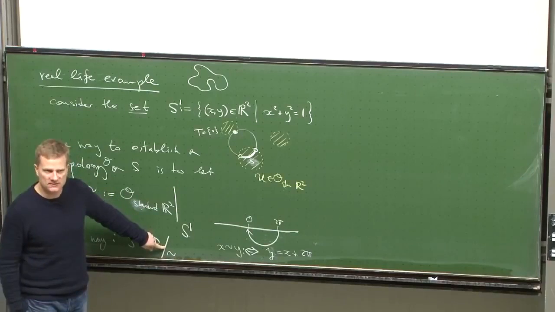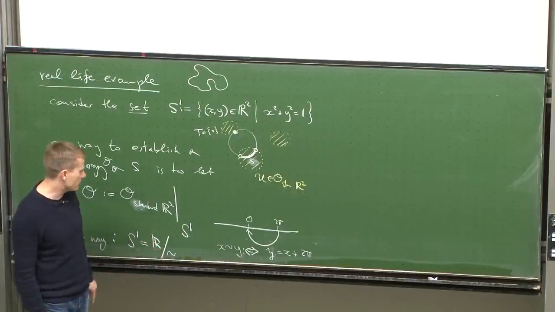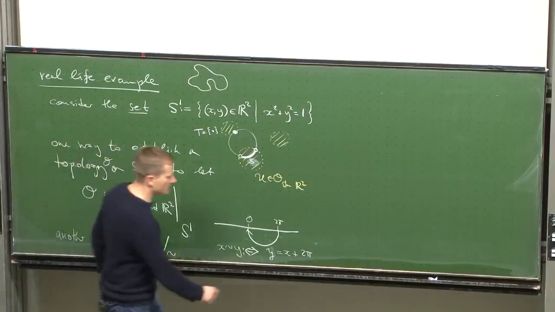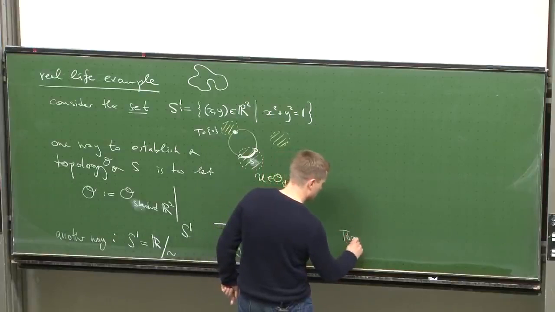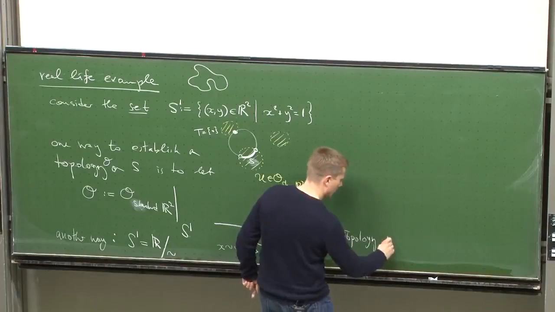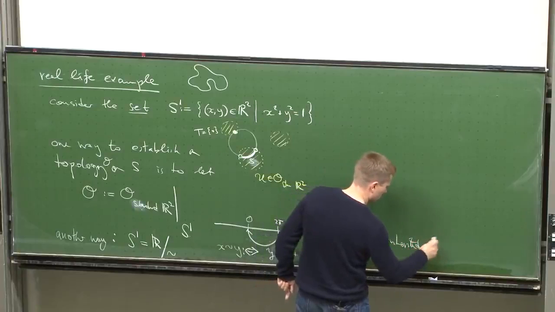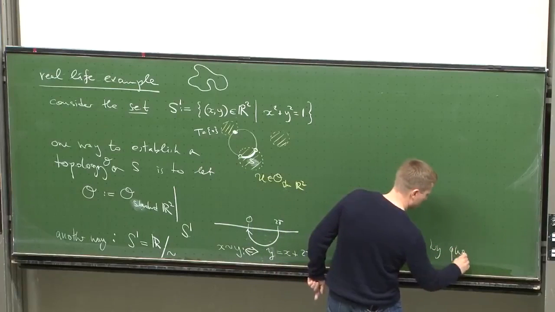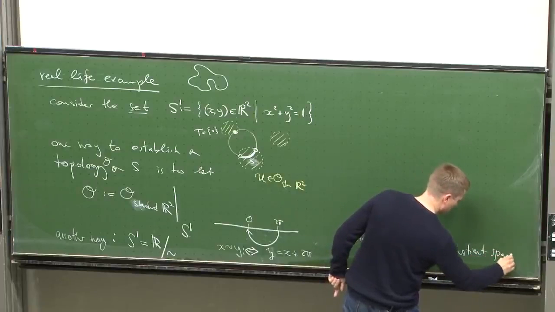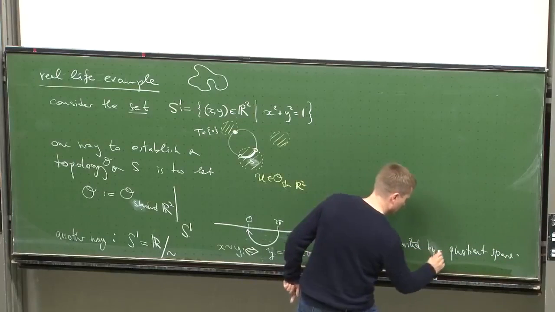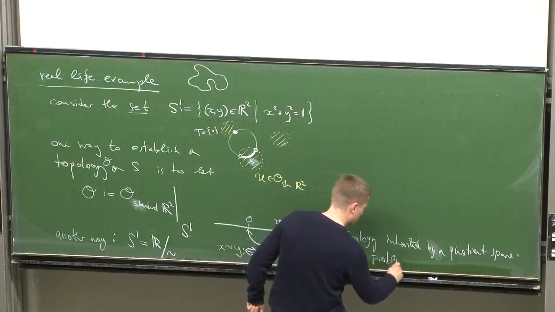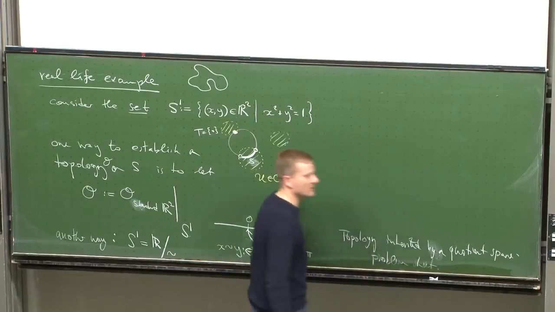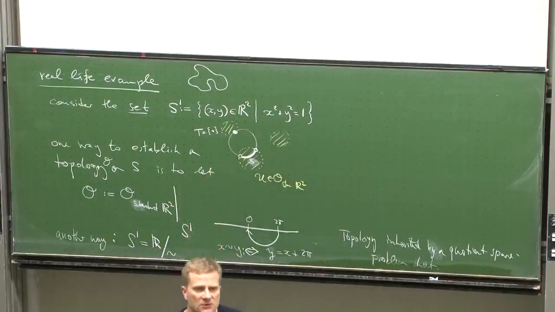I didn't show you how to do this, what the induced or inherited topology on the quotient space is, but that will be a problem on the problem sheet. So you see there are sometimes several ways you can do this, but it's highly convenient to be able to build quotient spaces and to inherit topologies for subsets, and so on.